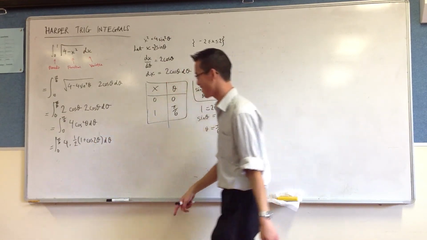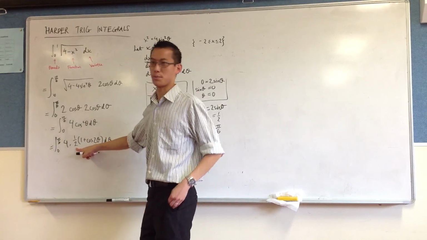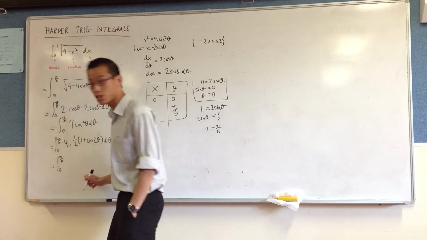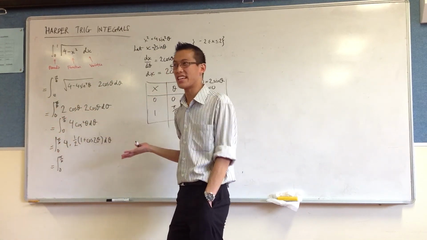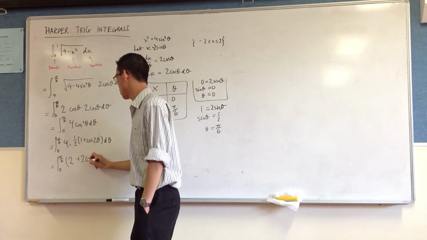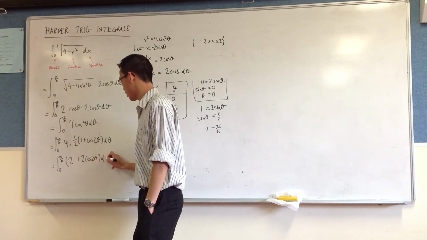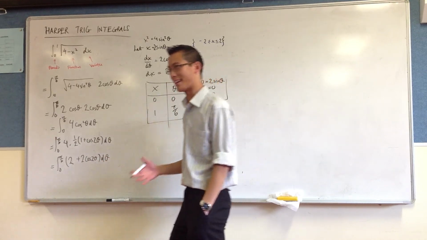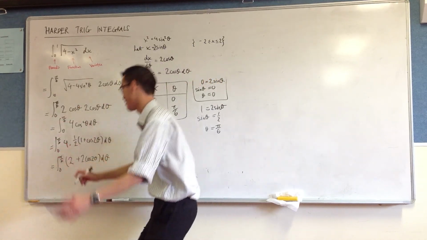Okay, we're almost there. This 4 times a half will just be 2. In some cases, it's easier for us to take that 2 outside the integral, but here it's actually kind of handy for us to have the 2, because you've got 2 plus 2 cos 2 theta, and that's going to be useful for our reverse chain rule. Okay? So I can now actually do the integrating step.